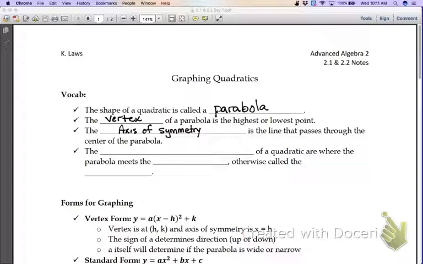Then the last thing is that the x-intercepts of a quadratic are where the parabola is going to meet the x-axis. What you were accustomed to, we'll call them zeros, or you could put solutions.